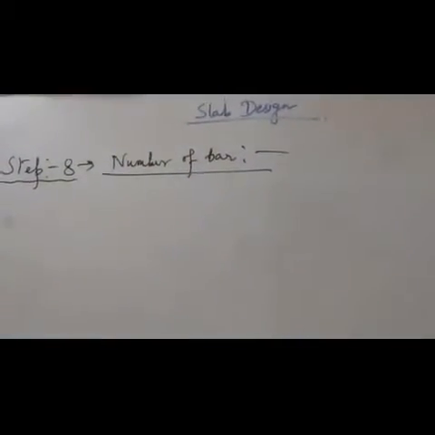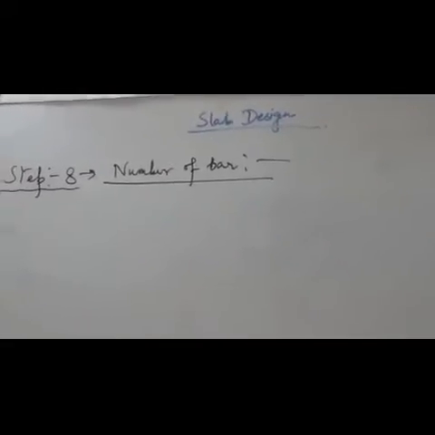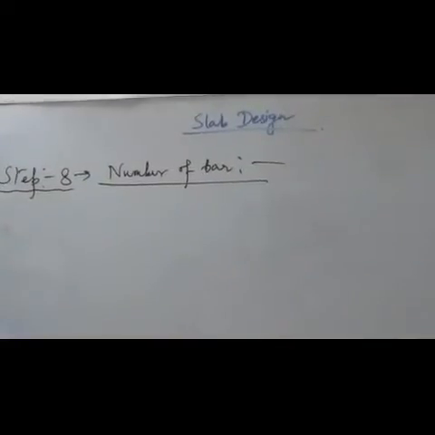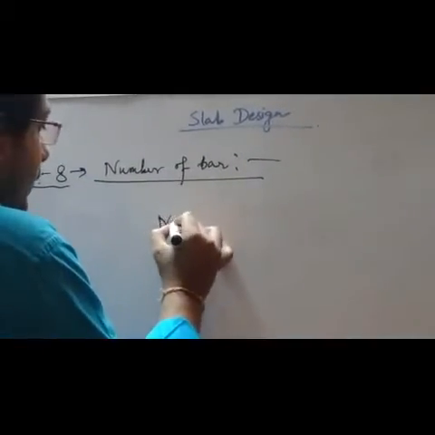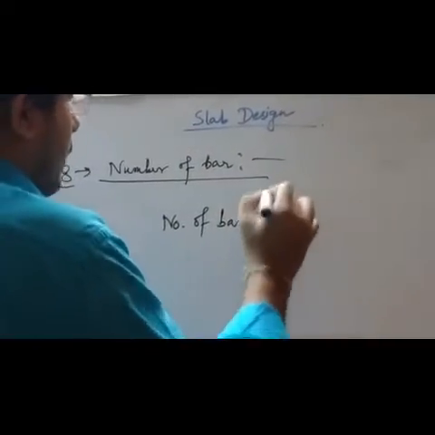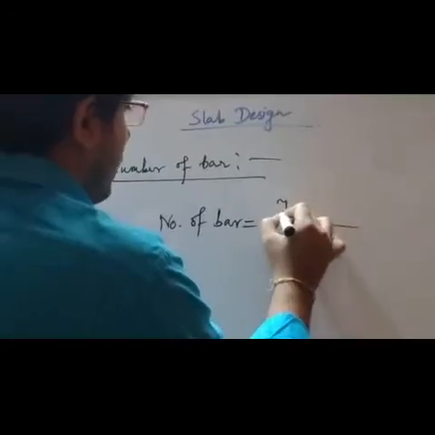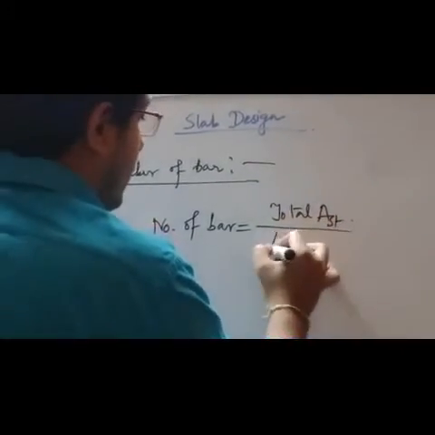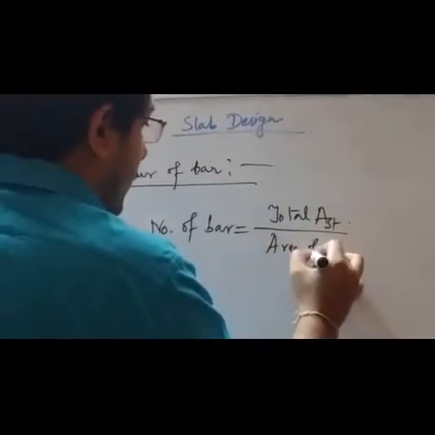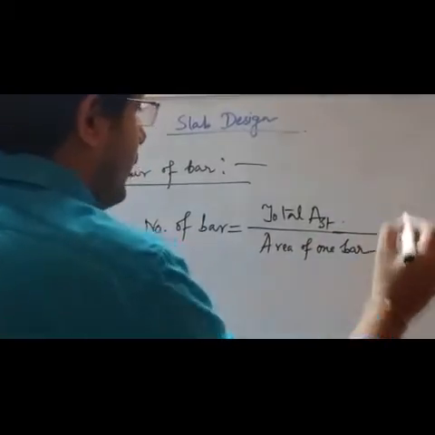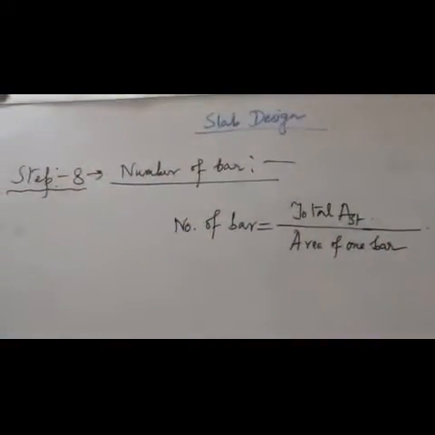First of all we have to calculate how many bars we have to use for this design. So you have to know the relationship: number of bars equals total Ast by area of one bar. Very simple relationship it is.